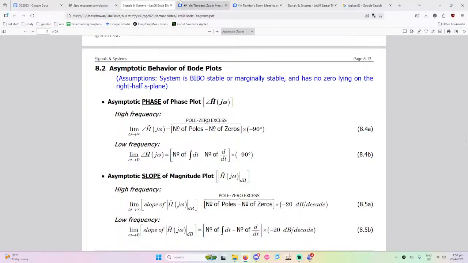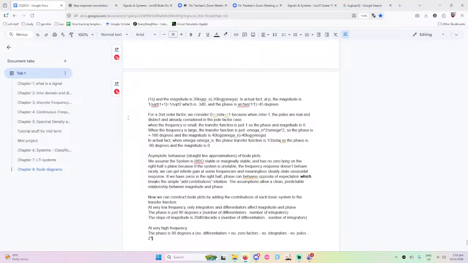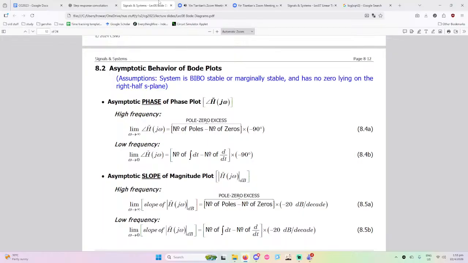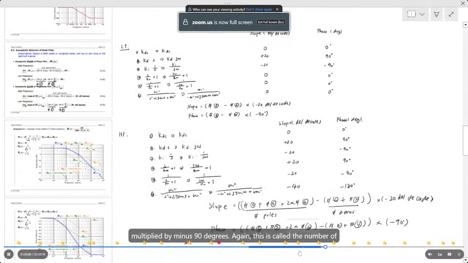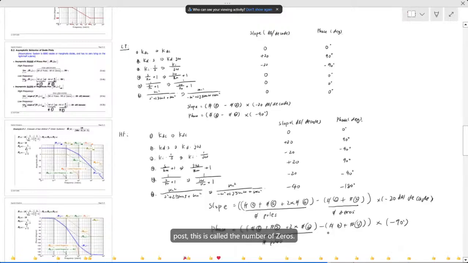As for the phase, we will have the number of case 3 plus the number of case 5 plus 2 multiplied by case 6, minus the number of case 2 plus the number of case 4, multiplied by minus 90 degrees. Again, this is called the number of poles. This is called the number of zeros.